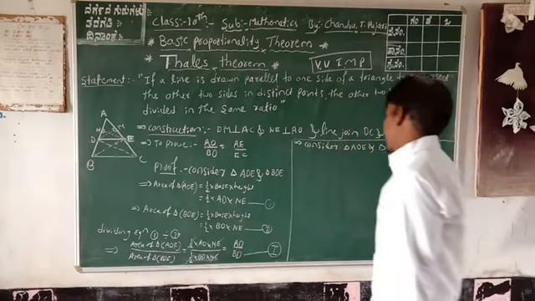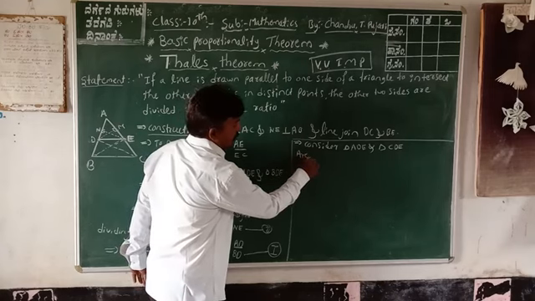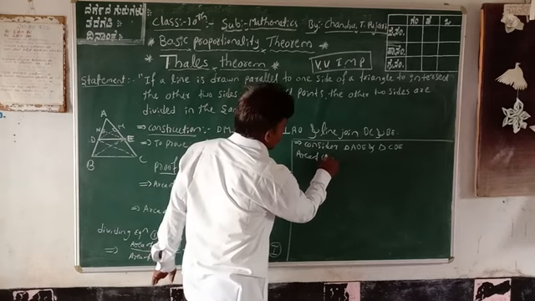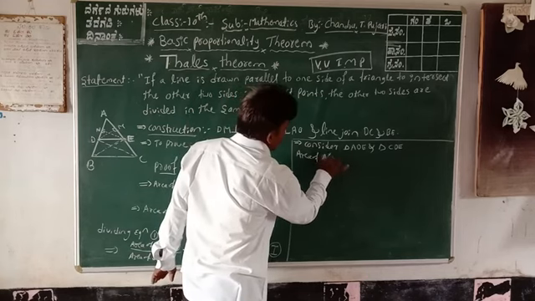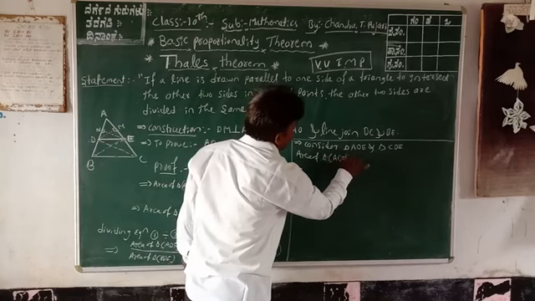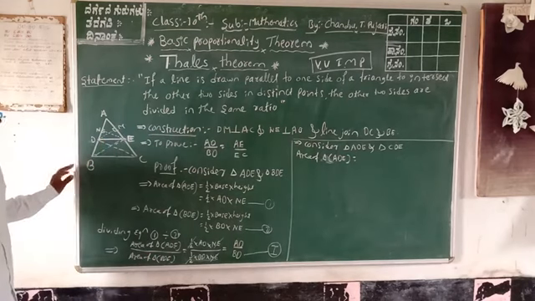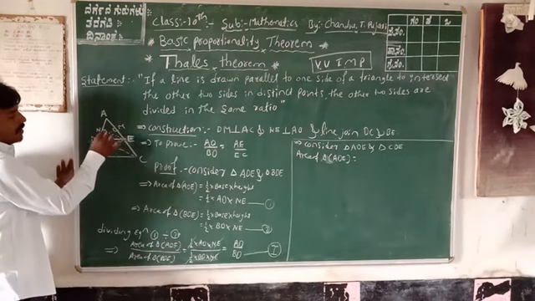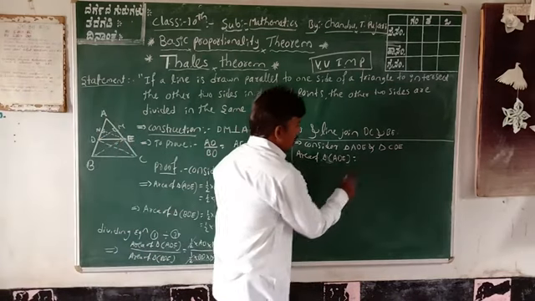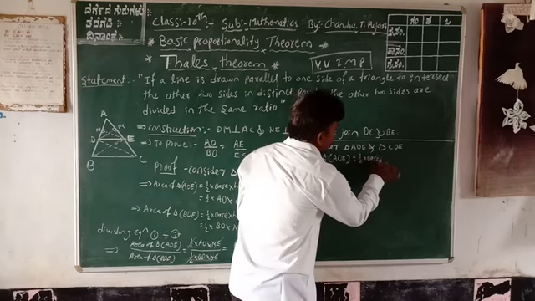Again, area of triangle ADE is equal to 1 by 2 into base into height.